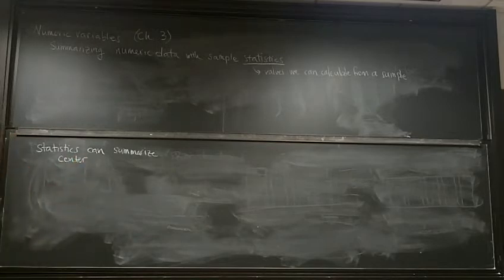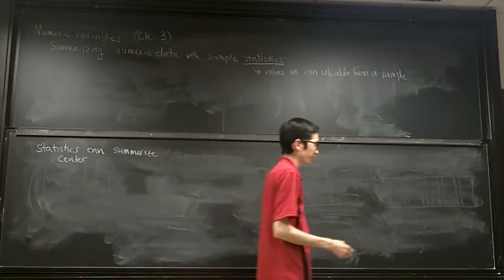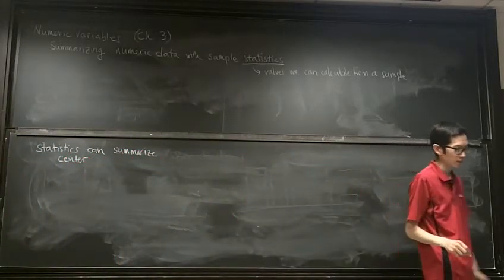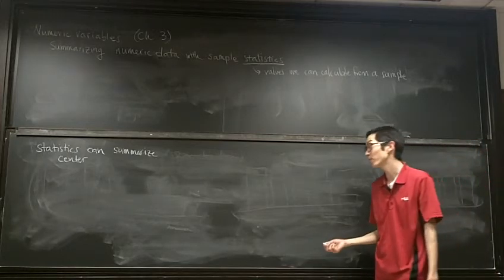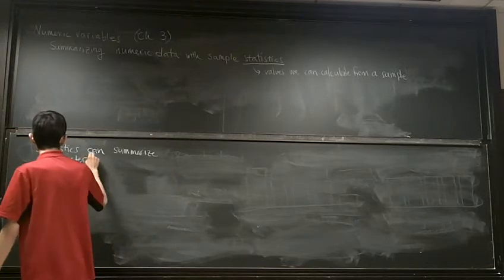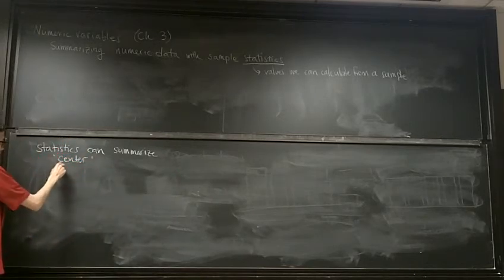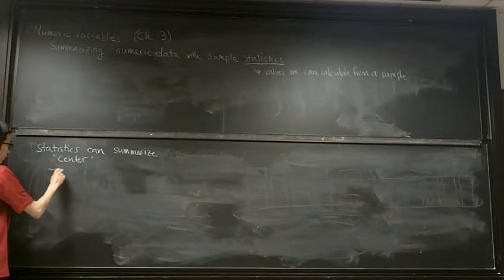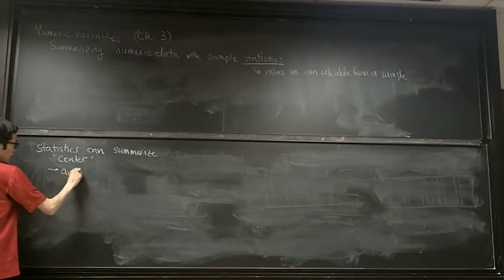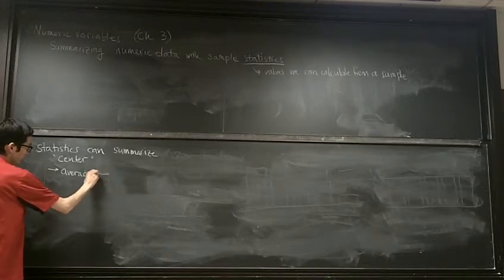Okay, center being kind of the middle. What are typical values? Okay, summarize center. So usually when you think of center, you'll think of the word average, okay? Average is a notion of center.